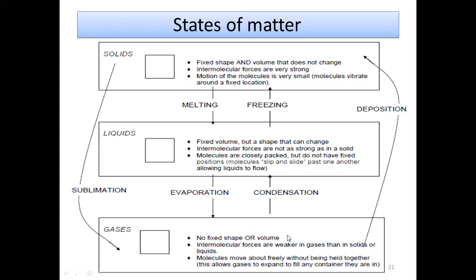So gases have no fixed shape and no fixed volume, and this is a common thing you observe in daily life as well. The third one is intermolecular forces: in gases, the intermolecular forces are weaker.